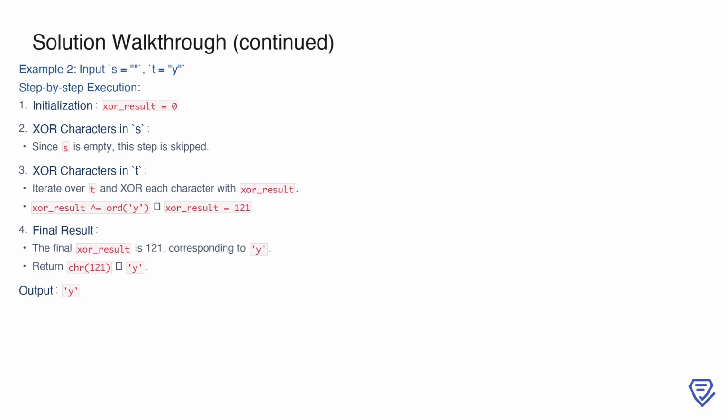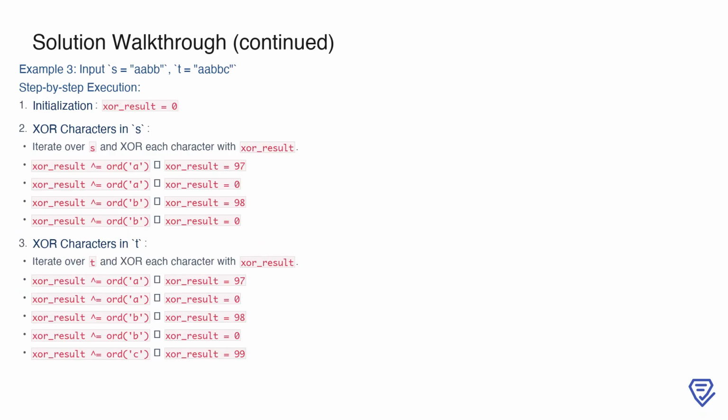The ASCII value of y is 121, and XORing it with 0 simply results in 121. This means the final value of XOR_result is 121. Converting this back to a character using chr of 121 gives us our result, y. This example highlights how the XOR operation effortlessly isolates the character when only one string contains it.